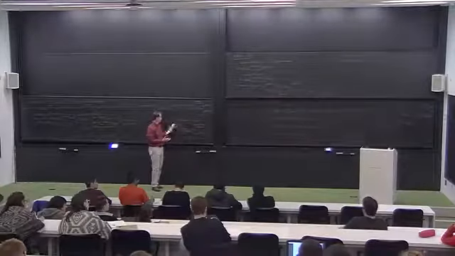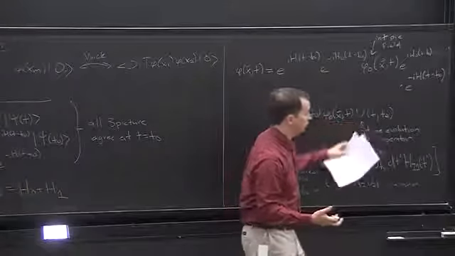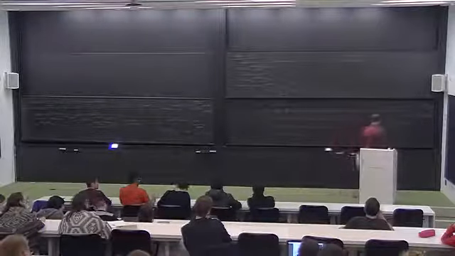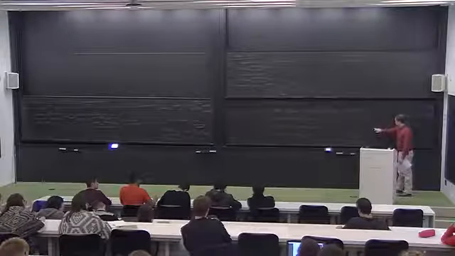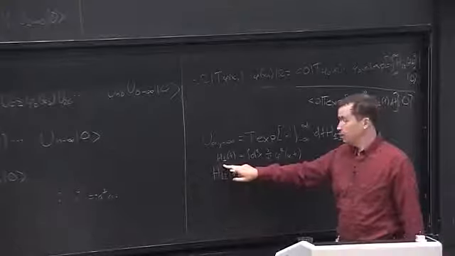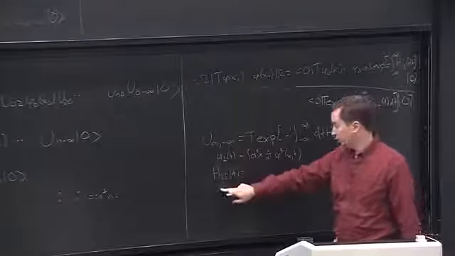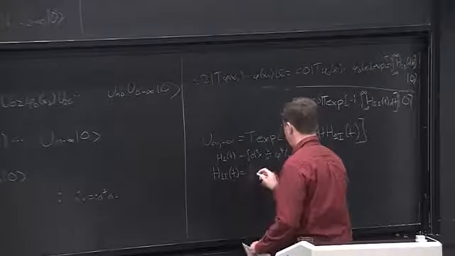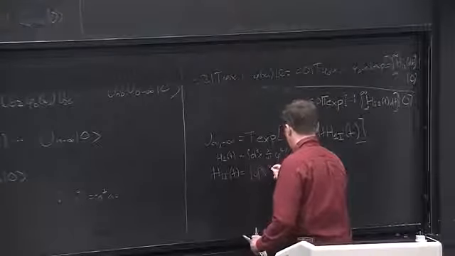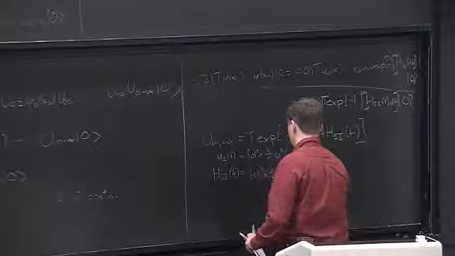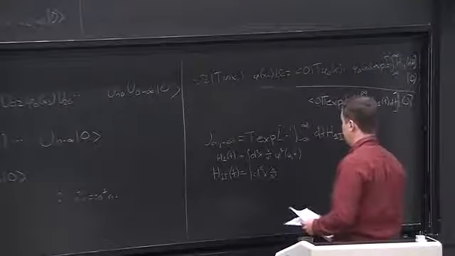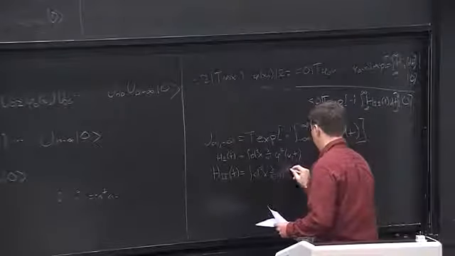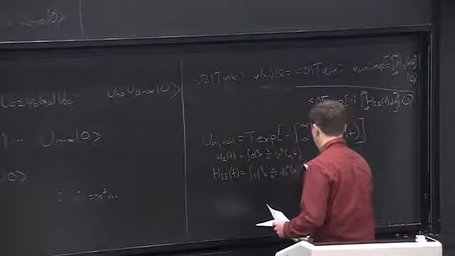We'll just be left with a U dagger on the left and a U on the right, which is how we would expect the interaction Hamiltonian to be related in the Heisenberg and interaction pictures. So the interaction Hamiltonian in the interaction picture is just equal to the interaction Hamiltonian in the Heisenberg picture, with all of the Heisenberg picture fields replaced with free fields, interaction picture fields.